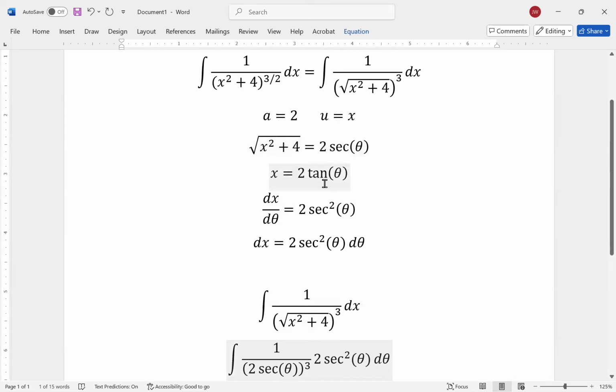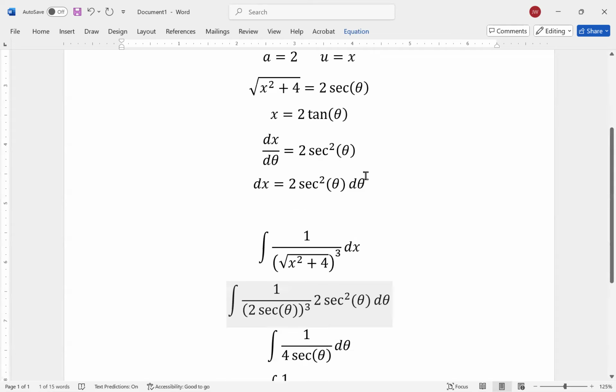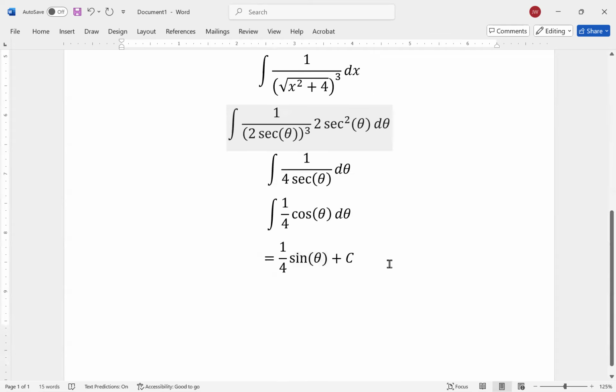Well, since tangent is sine over cosine and secant is 1 over cosine, you can say that's like 1/4 times the fraction tangent over secant.